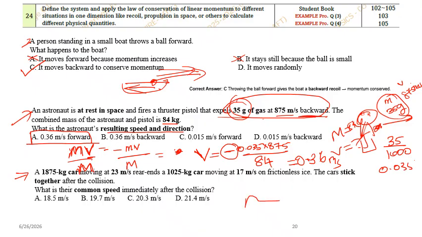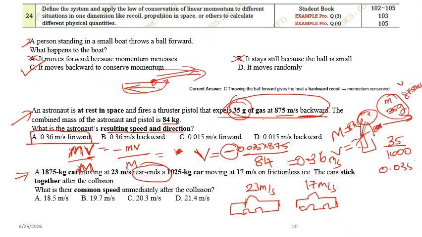say I have one car, another car. See, this is moving at 23 meter per second and this is moving at 17 meter per second. Okay, rear end means back side, so one after the other.